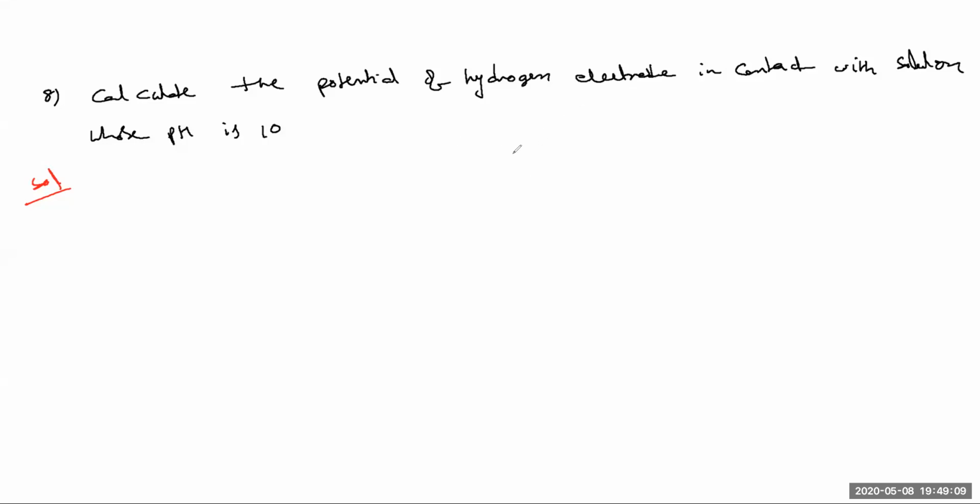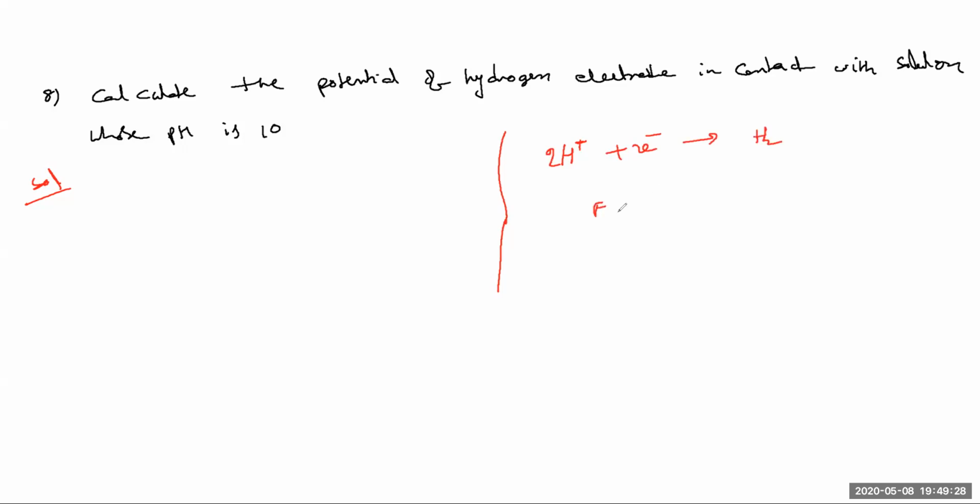Yeah, what is the scheme? Generally, according to IUPAC conventions, you are taking the reduction mode, right? What is the reduction potential? 2H plus plus 2 electrons gives rise to H2, reduction.